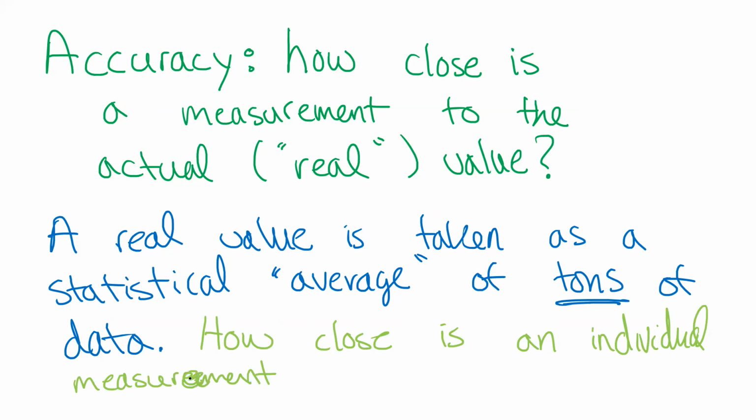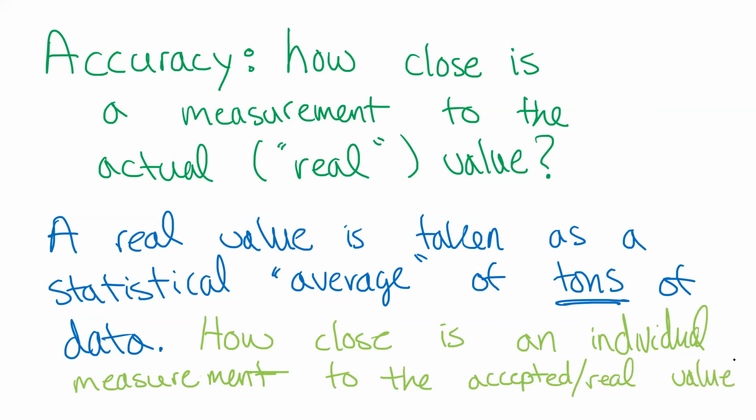That's just a single E there with an M, and that's just getting worse. So how close is an individual measurement to the accepted real value?